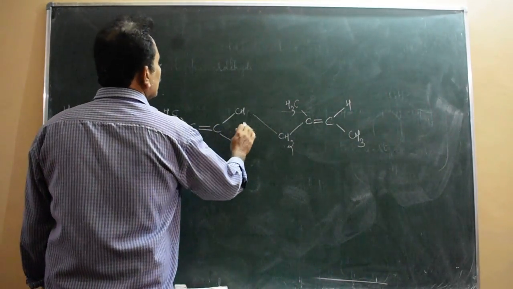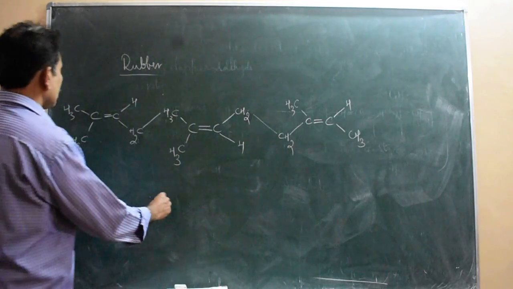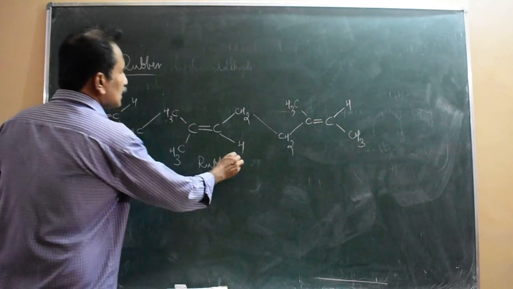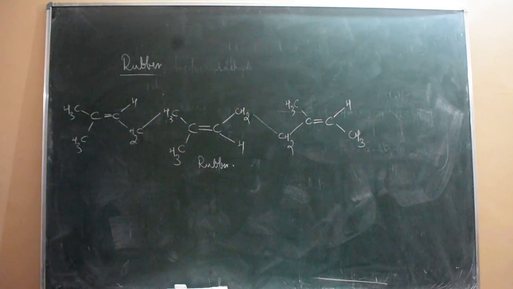So this should be n. This is the structure of natural rubber, which is made from 2-methyl-1,3-butadiene.